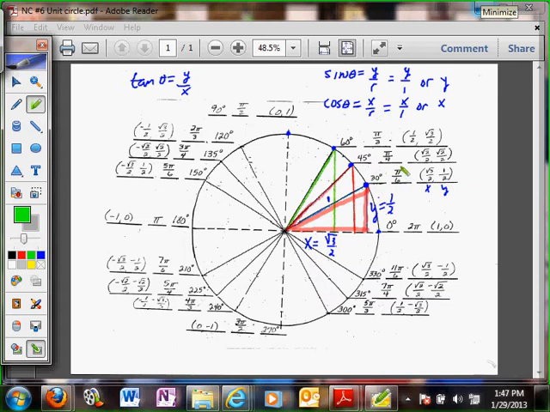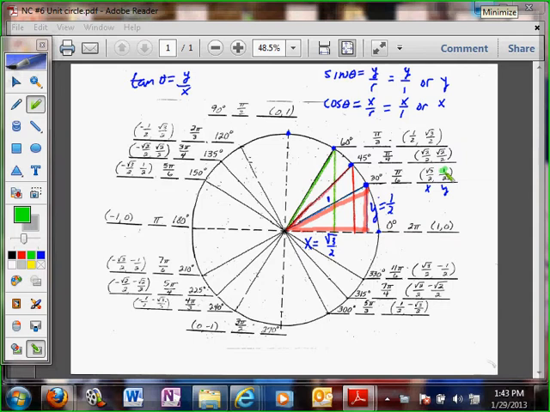I will mostly be referring to pi/6, the radian form. So the sine of pi/6 is half. The sine of pi/4 is √2/2. The sine of pi/3, I'm sorry, is √3/2, and so on around the circle. The sine of that particular angle is the y value of the ordered pair.